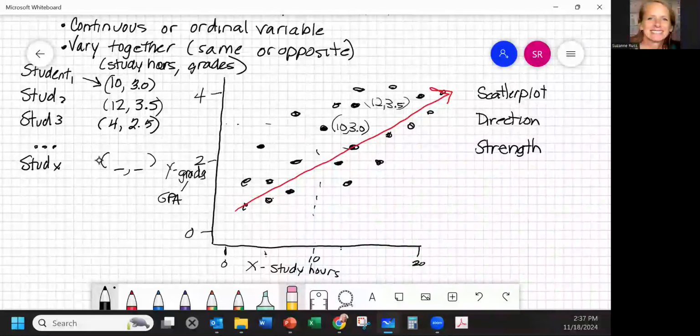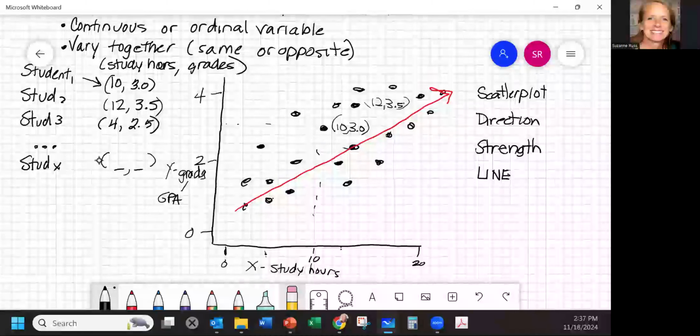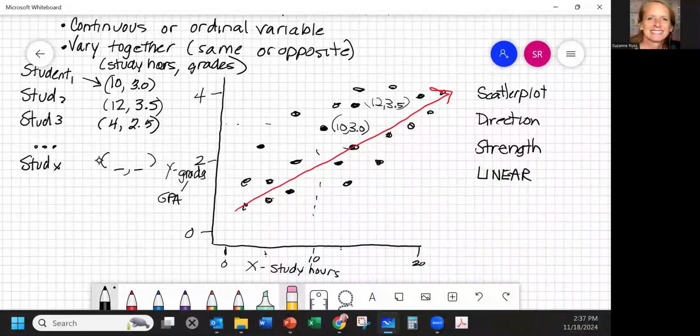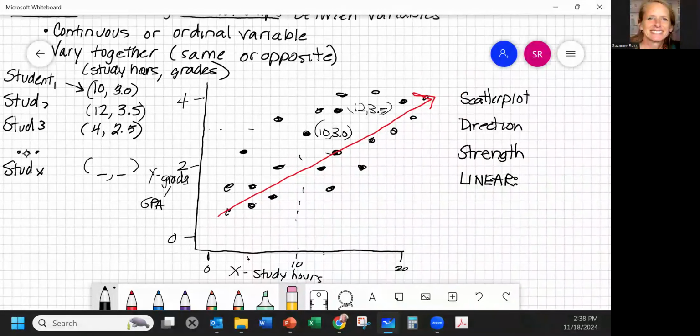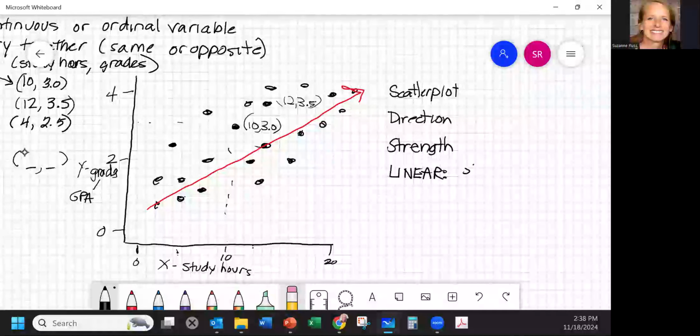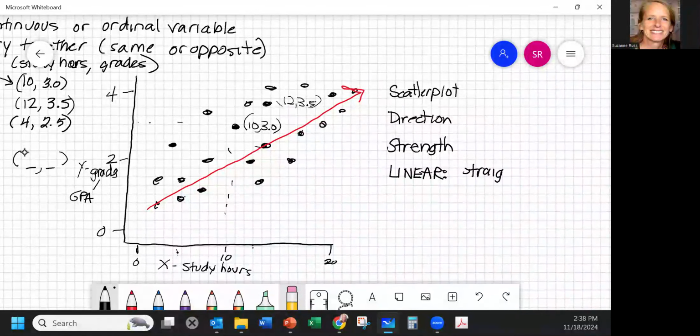And we can see here that this is a LINEAR relationship. I'll write this in capitals because not all relationships are linear, but this one is linear. And it means we can draw a straight line through the data field. A straight line can represent the data.